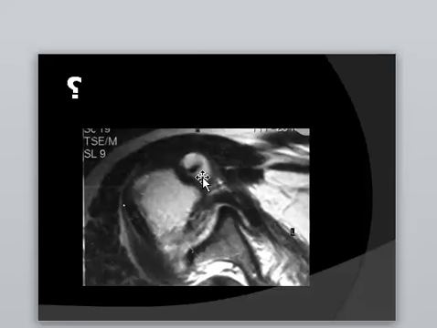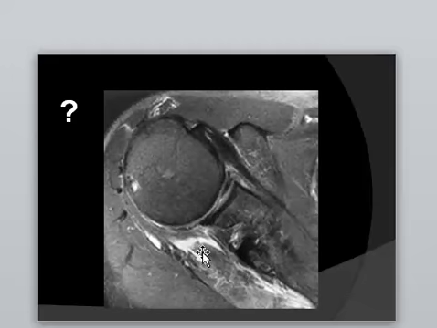What is this? This is a biceps, and this is biceps tendinitis. What is this? This is the site of the infraspinatus. This is infraspinatus muscle and tendon tear, hyperintensity within the infraspinatus muscle.